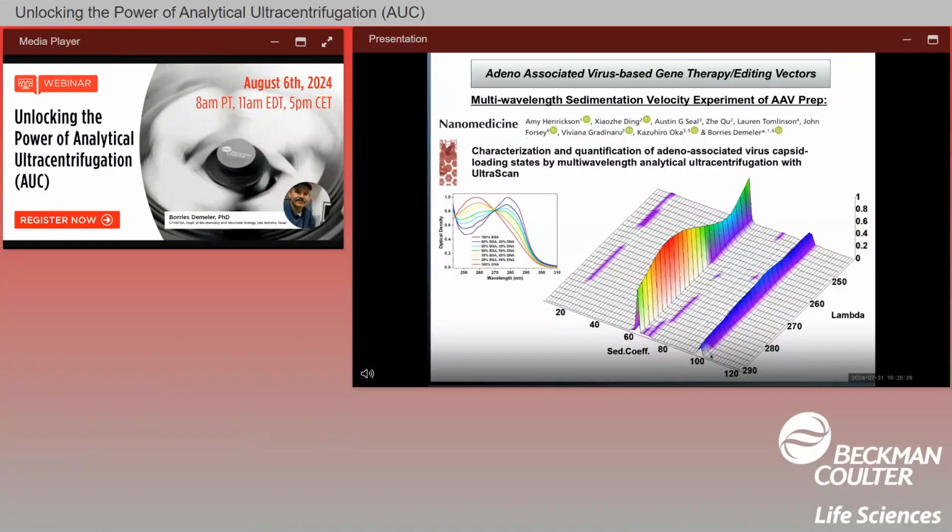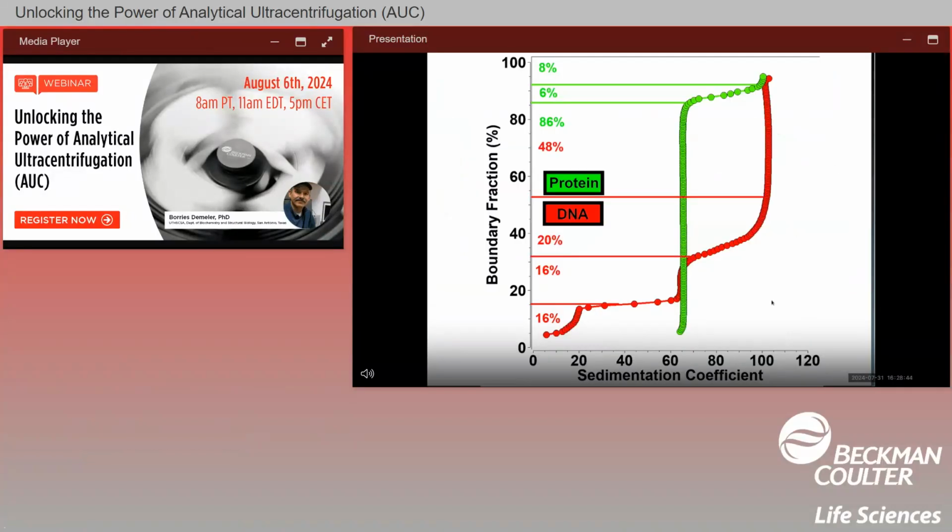For this peak over here, we have something that's more flat, like maybe the green trace over here, which would be a mixture of protein and DNA. And that, of course, is our filled capsid, which has both absorbance from a protein and a DNA, and it looks much more flat.